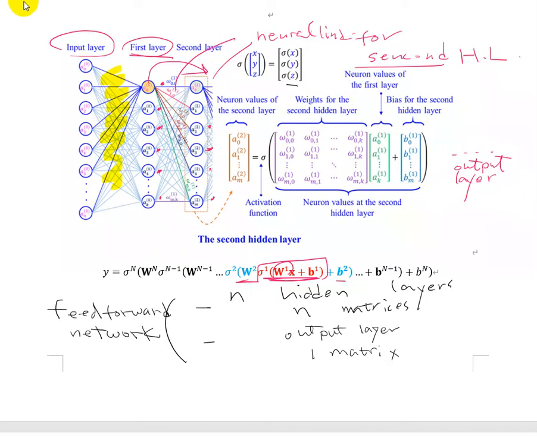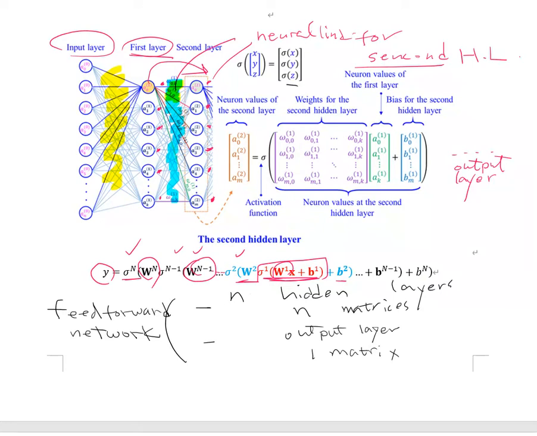The blue function, W2, represents this one, and bias is also added at the end of the neurons of the second layer right here. You continue these relationships all the way to the n-1 layer and the nth layer, and you have to multiply, of course, the activation function for every layer, and you're going to end up with the output there.